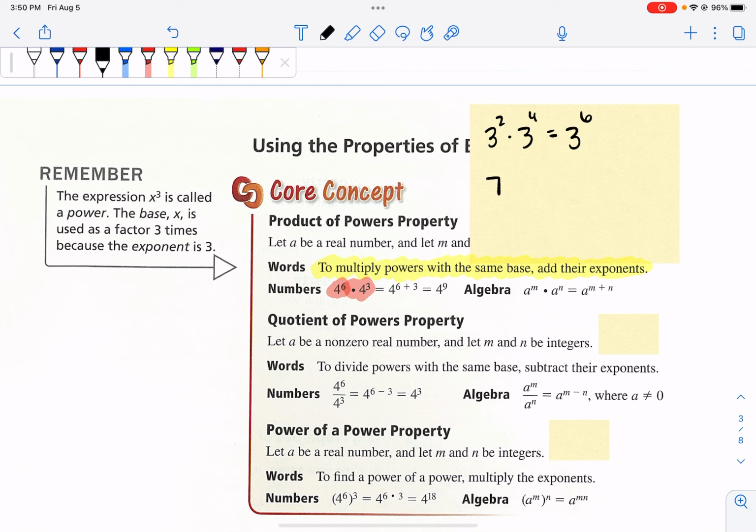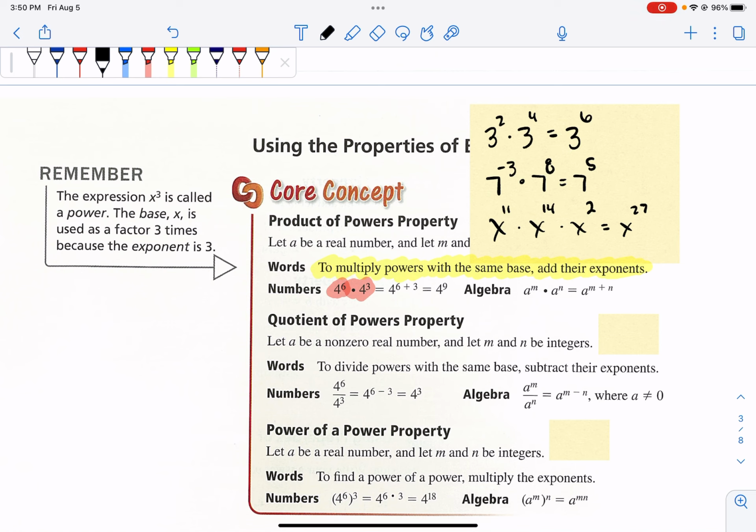If I have 7 to the negative 3 multiplied by 7 to the 8, I can still add those together. Negative 3 plus 8 is positive 5. If I have x to the 11th and x to the 14th and x squared, all being multiplied, 11 plus 14 is 25, plus 2 is 27.